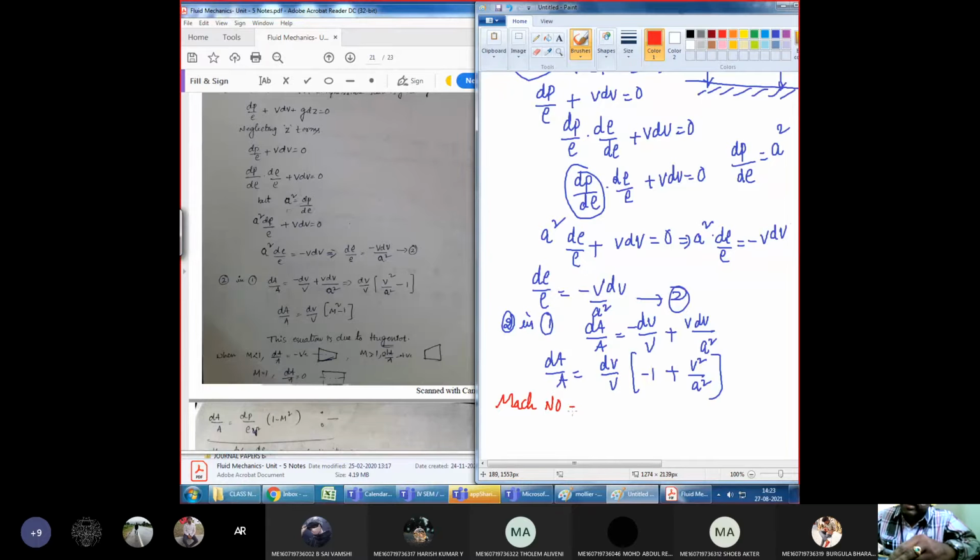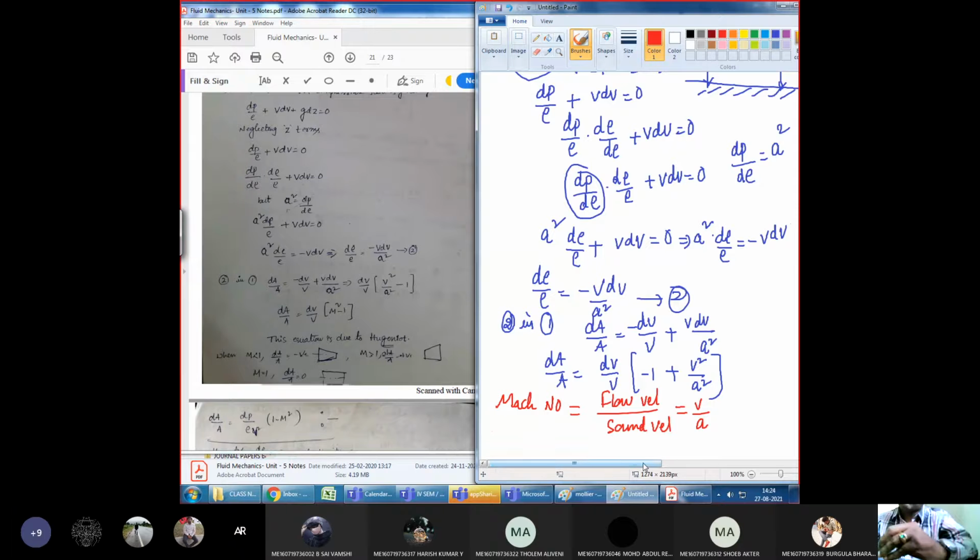Mach number is defined as the ratio of flow velocity to the sound velocity. Flow velocity is denoted by the symbol V, and the sound velocity we denote with the letter A. In some books flow velocity is C, whatever it may be. V by A is the Mach number.